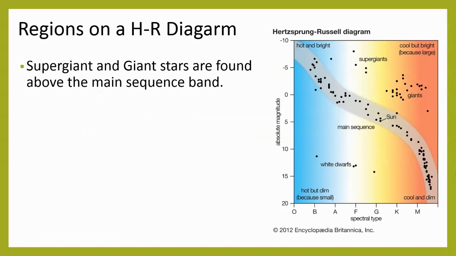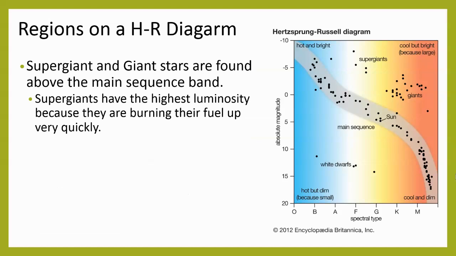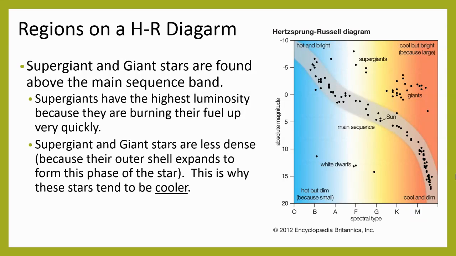So we notice above the gray band, so above that main sequence of stars, we have the supergiants and the giant stars. So supergiants have the highest luminosity, meaning they're going to be high up on the top of the graph because they're burning up their fuel very, very quickly. Now, supergiants and giant stars overall are less dense than the main sequence stars.